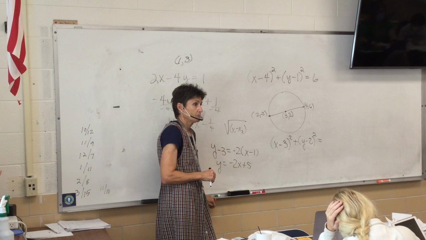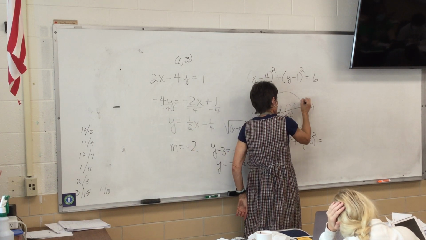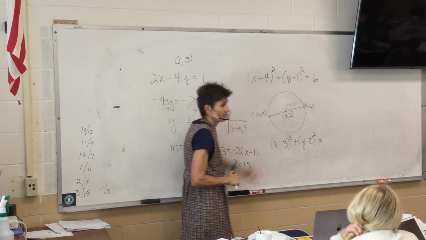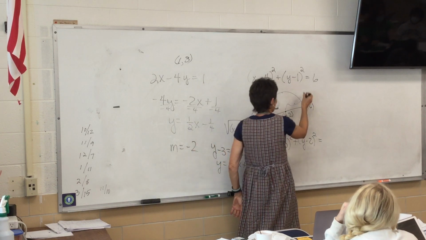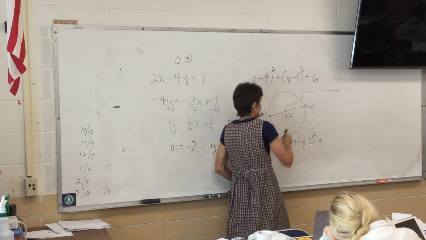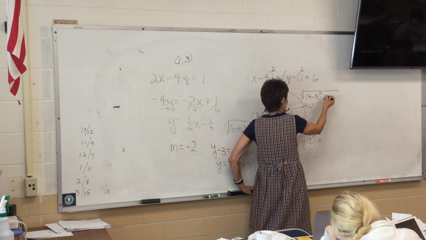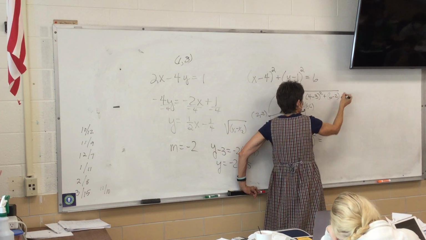And you need to find the distance between the midpoint and the endpoint. So maybe this distance right here. You could also find this one. Doesn't matter. And to find that distance, remember we do our distance formula. So 4 minus 3 squared and 6 minus 2 squared.